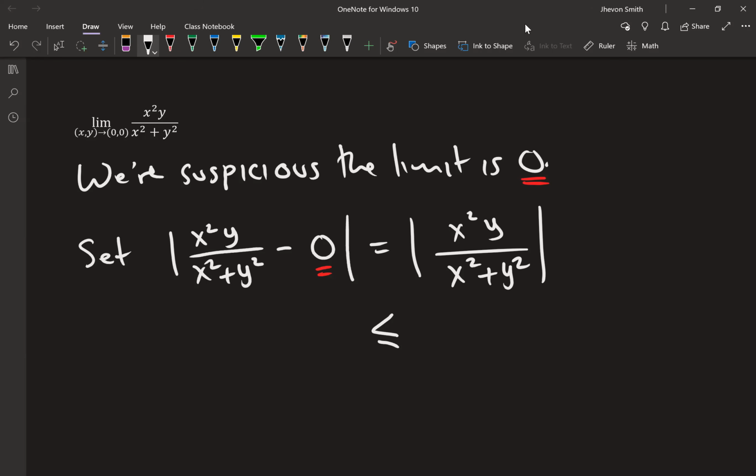Give me a convenient way to make the denominator smaller. x squared plus y squared will never equal 1, right? Because x and y are approaching 0, comma 0. Smaller denominator equals... Like I said, it's the same thing that you would have done for the squeeze theorem or comparison theorem.